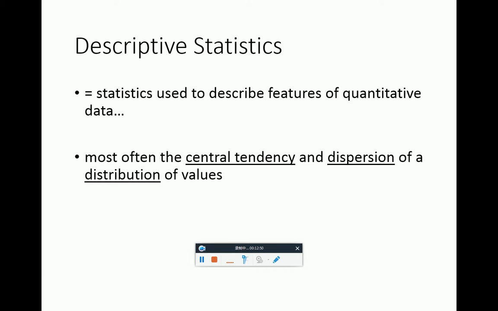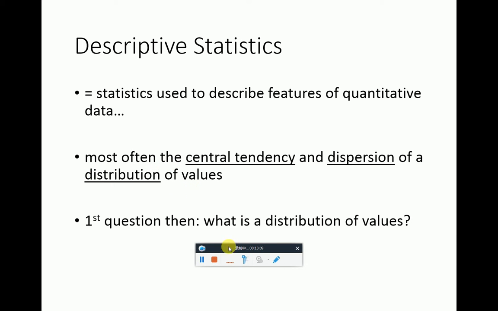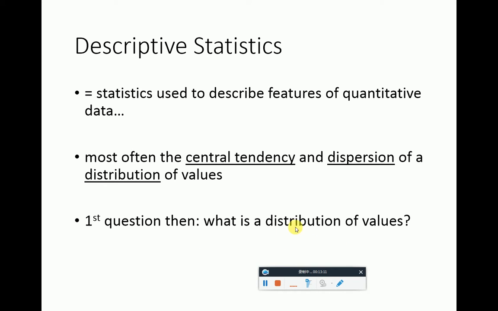That is the central tendency of data and the dispersion of data. Well, more precisely, central tendency and dispersion are features of the distribution of values. The question, of course, is then, what is the distribution, right? What does it mean when we say values have distributions? Okay.